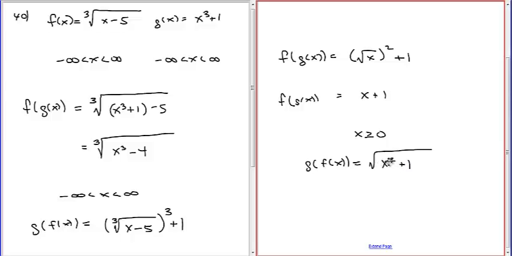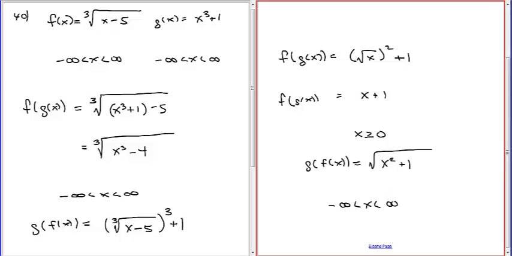So you can see that no matter what x value is, from negative infinity to positive infinity, I'm always going to end up with a positive number here, which means I'm going to have a positive number plus 1, which is going to be positive. So in this case, the domain for x for the composite function is all real numbers. And let me just check that. So it says all real numbers.